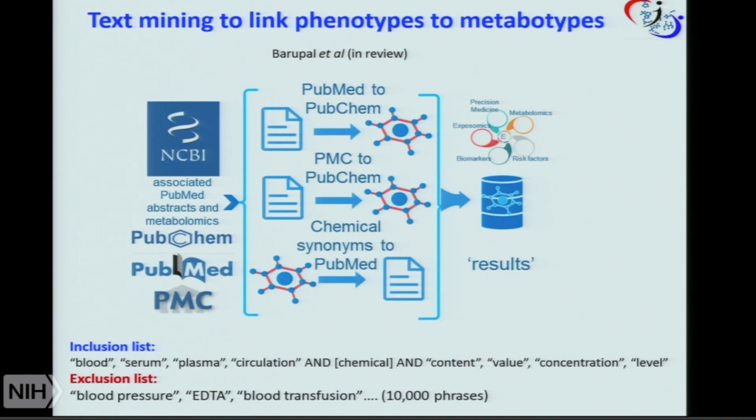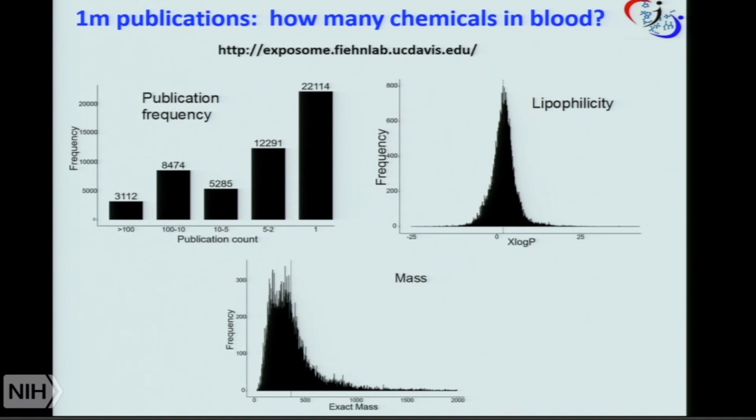And here we first ask the question, what do we know about blood anyway? What compounds are in blood and how many? What has been reported in the last 150 years? So we downloaded 38 million abstracts and 8 million full research papers, including supplements. We looked at 4 million wiki sites and many other tools to say, well, what is known in blood? And that is what we know. So in 1 million publications, we found that metabolites were analyzed in blood.